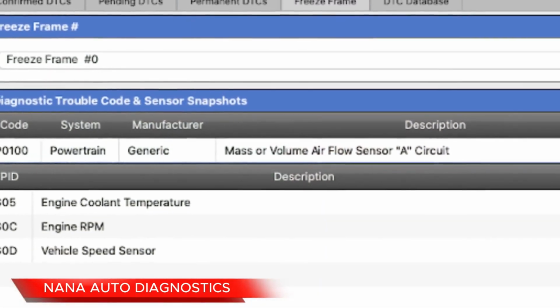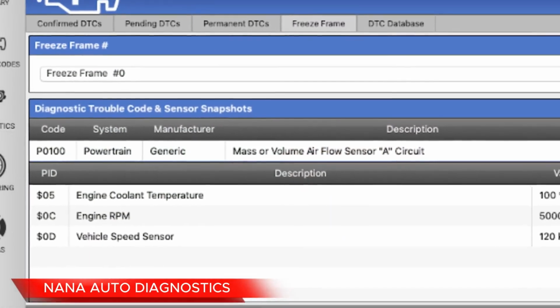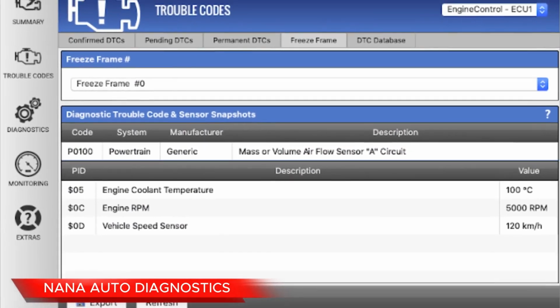A freeze frame is a snapshot of the engine RPM, vehicle speed, fuel trims, and other sensor readings that are captured at the time when that fault occurs.